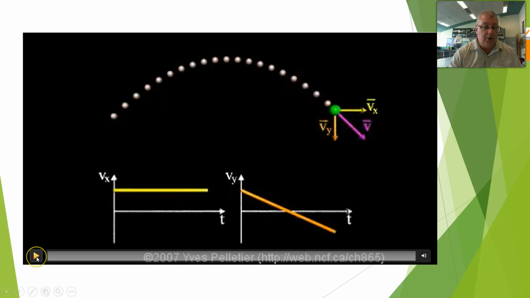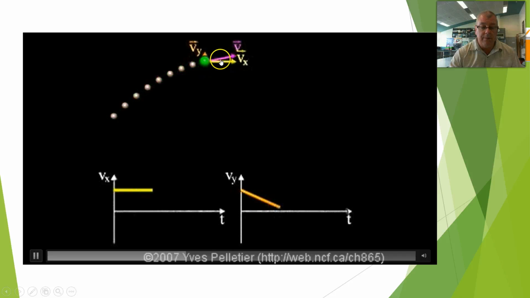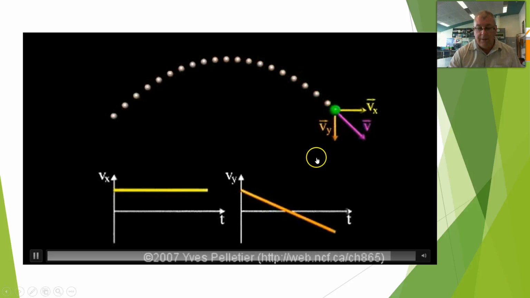And this little animation, a couple of things to note here. The purple line represents the velocity, the orange line is the vertical velocity, and the yellow is the horizontal velocity. So if we first look at what happens to the velocity, it's going up, and then it's pointing down, and that velocity is a reflection of the initial velocity.